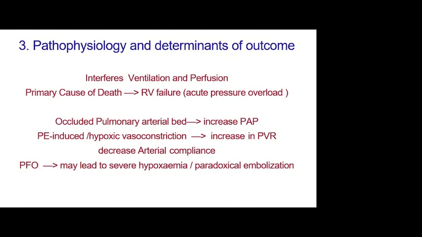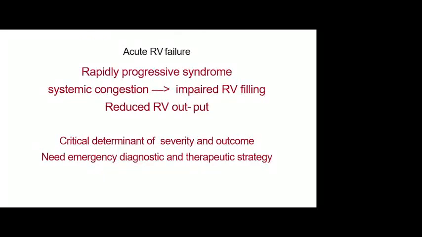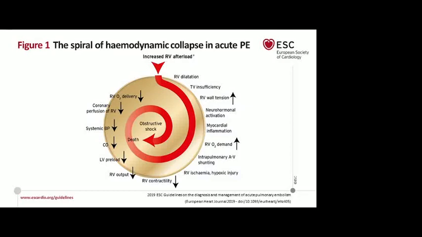So suddenly right ventricular pressure will go up, and at the same time vasoconstriction due to hypoxemia and occluded pulmonary arteries will further increase the right ventricular pressure. So it will lead to right ventricular failure. The most important thing is this is the primary cause of death in these patients. So it is a rapidly progressive syndrome, evident as systemic congestion and hypotension.